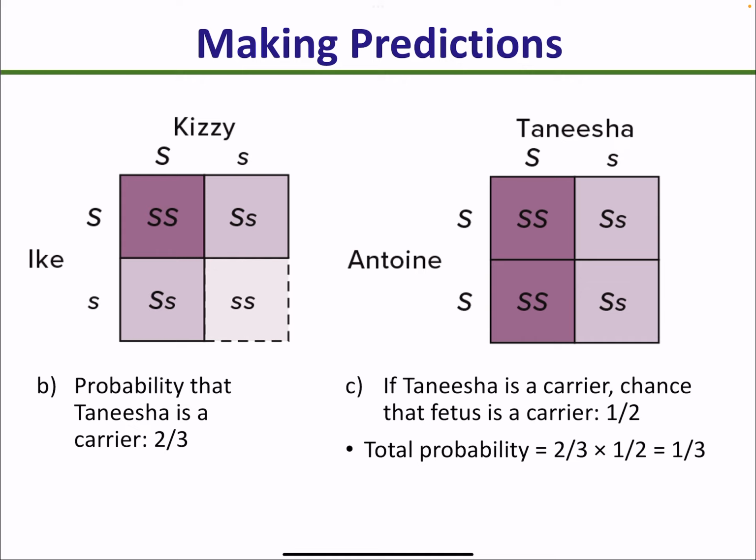So now, having said all of this, let's consider Kizzy and Heike here. The probability that Tanisha is a carrier is 2/3 here, right?